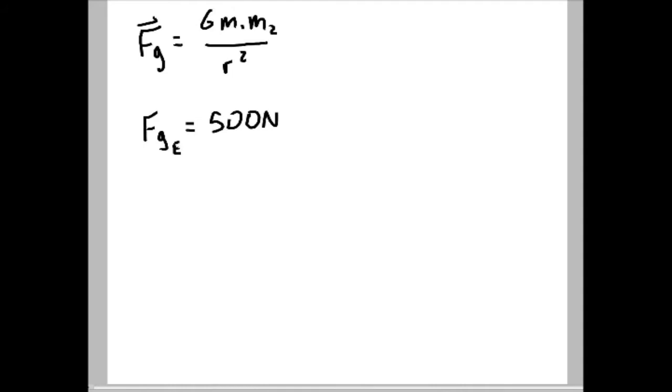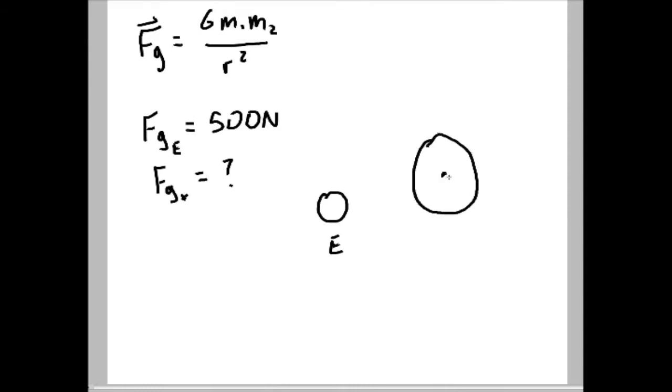And they might say, okay, you go to this new planet, we'll call it planet X. So Fg on X. You want to know the weight on that planet. And they'll give you the relationship between two planets. So let's say here's Earth, and then here's planet X. It's really big. Okay, it's got a larger radius.